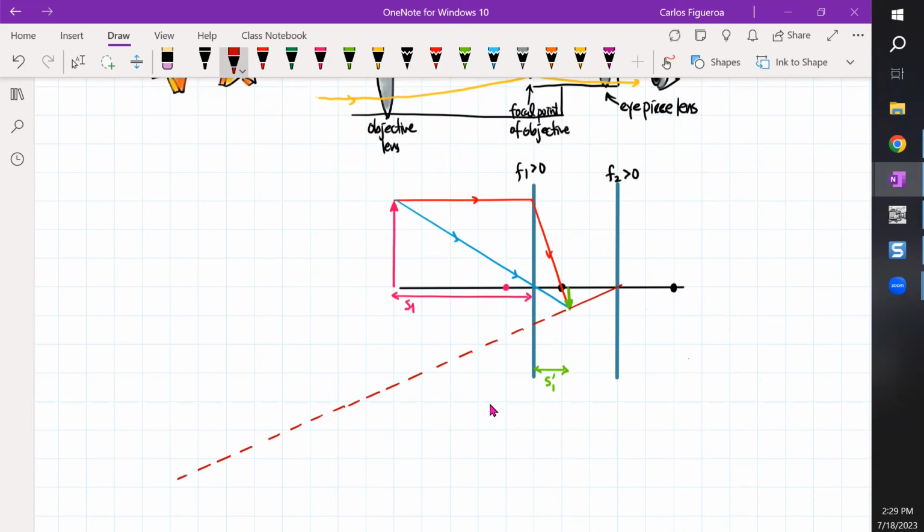Now, let's get ray number 1. So ray number 1 goes parallel, and then it goes through the focal point. So then it's going to go through here.